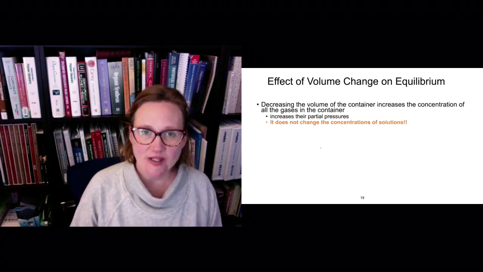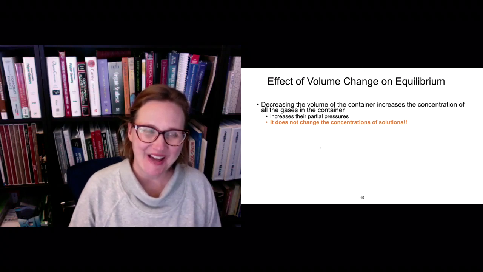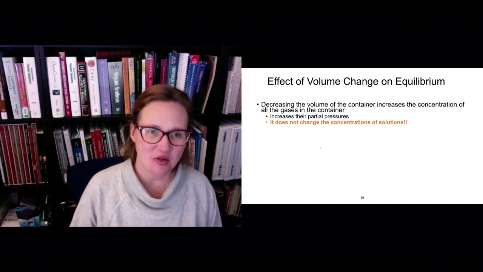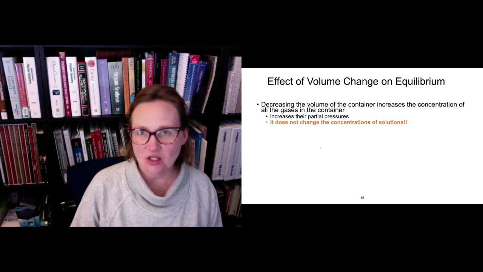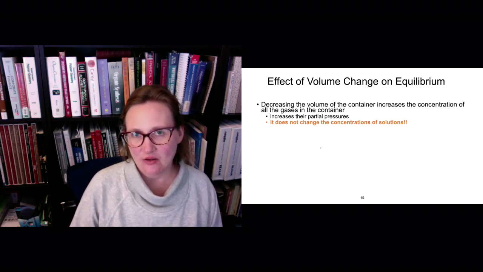All right, well, what does volume do? Decreasing the volume increases the concentration, which increases their partial pressure. So just changing the volume is not going to change the equilibrium.